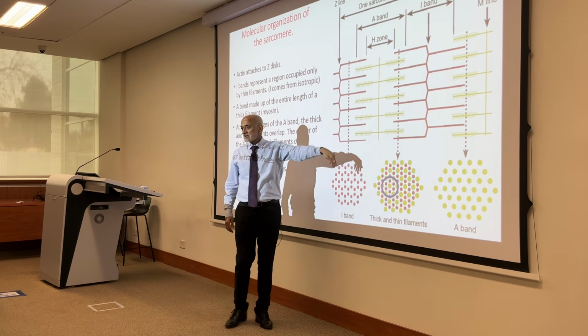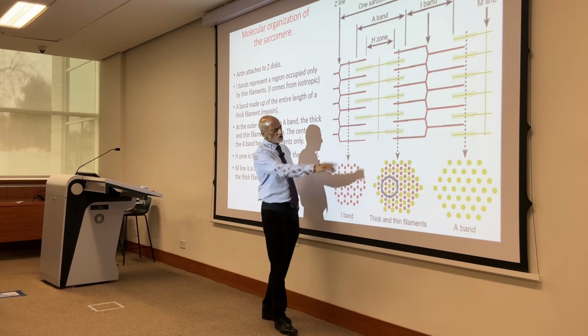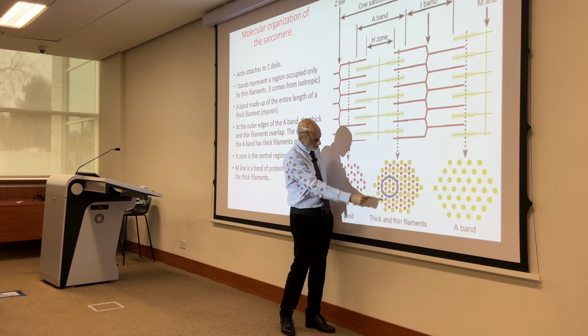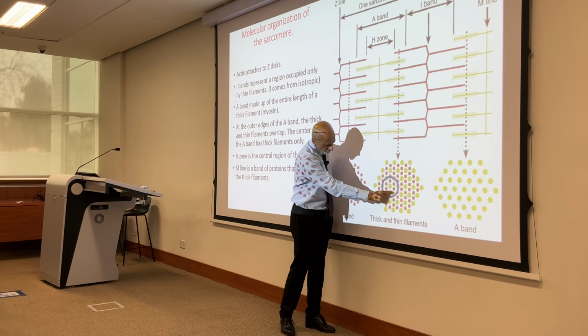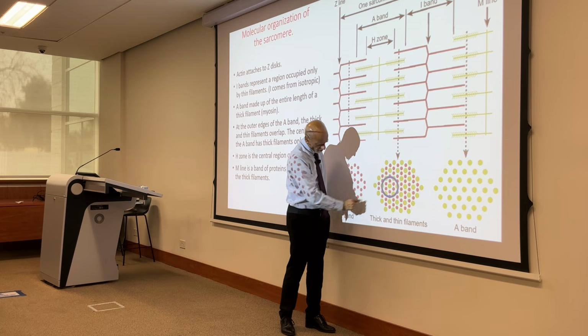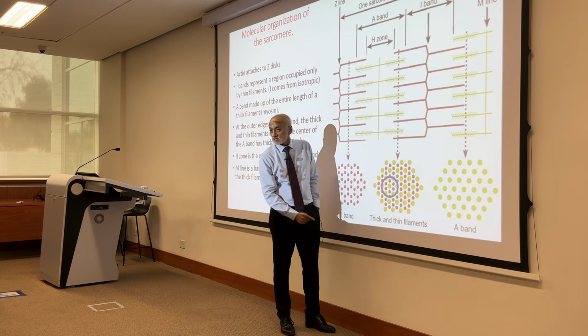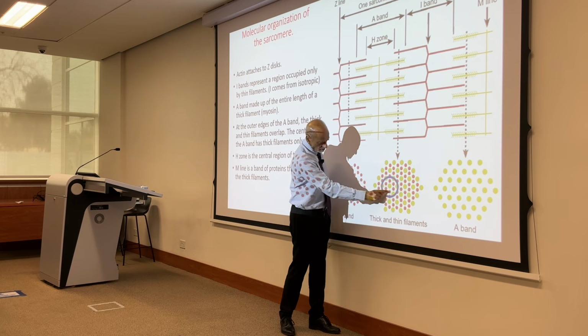Now, if you look at it in a cross section, in the overlapping region, you notice that for every one myosin, there are 6 actins around it.